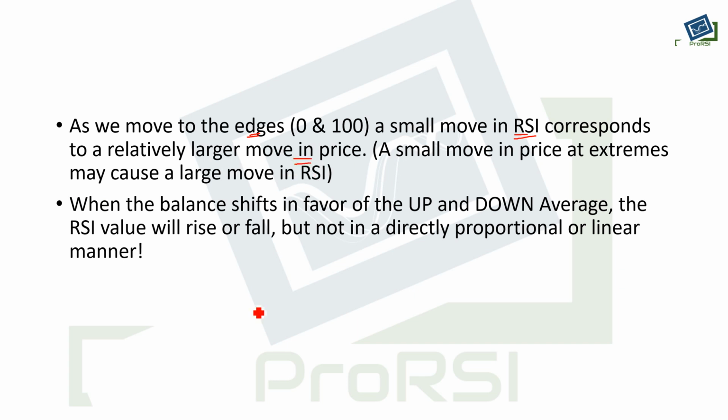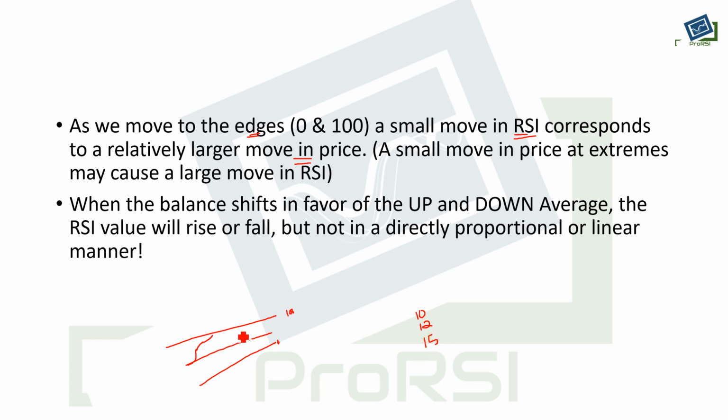That means, as we move toward the 100 or 0 levels on the RSI, suppose we were at 50. To take it from 50 to 60, the price needs to move 10 points. To take it from 60 to 70, the price will need to move 12 points. To take it from 70 to 80, the price will need to move 15 points.